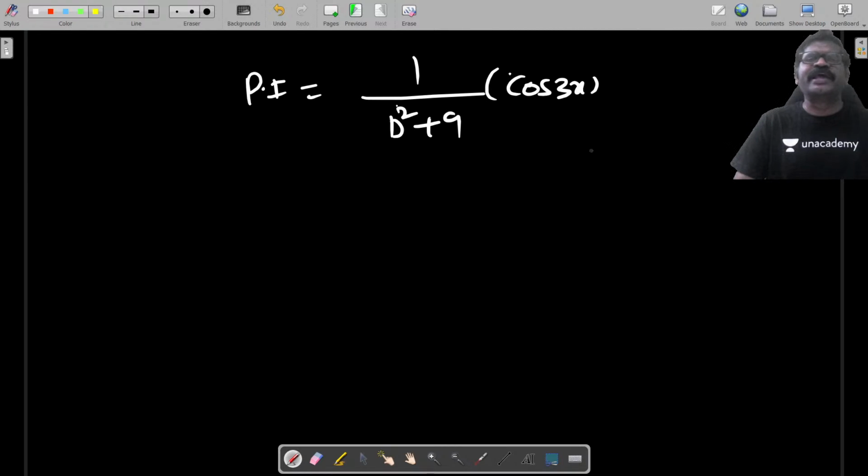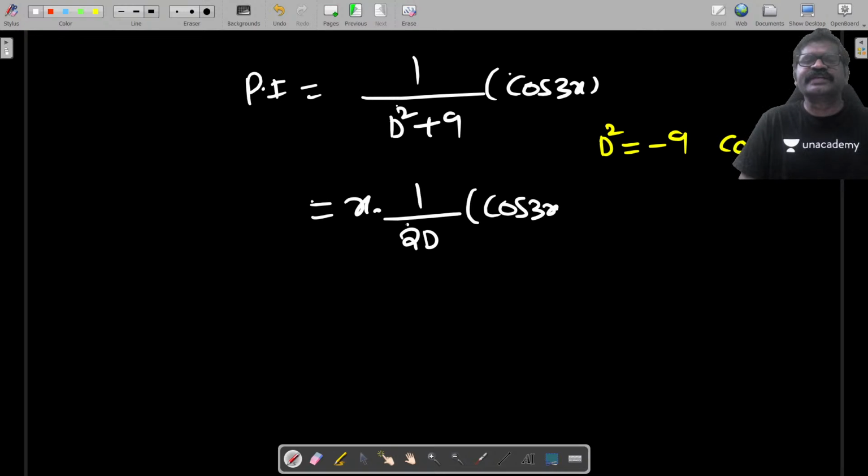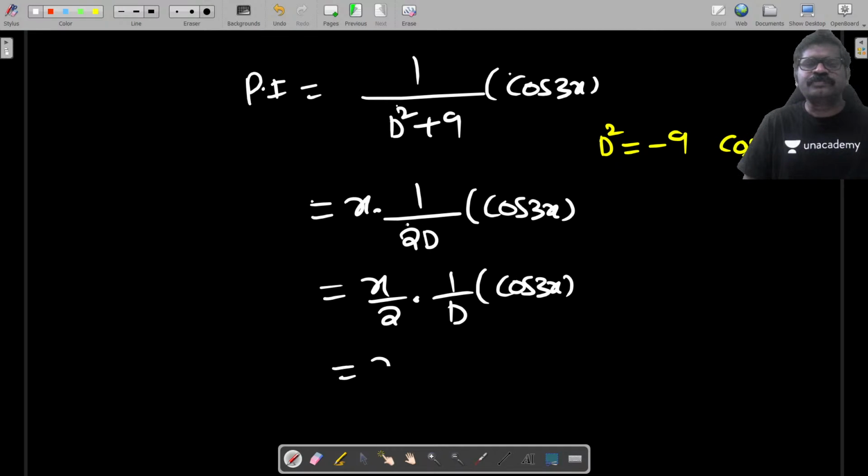Now replace D square equal to minus 9. Case fails. That's why you have to write x into 1 by differentiation of denominator with respect to D, 2D, cos 3x, which is x by 2 into 1 by D of cos 3x. 1 by D of cos 3x is nothing but the integral of cos 3x.